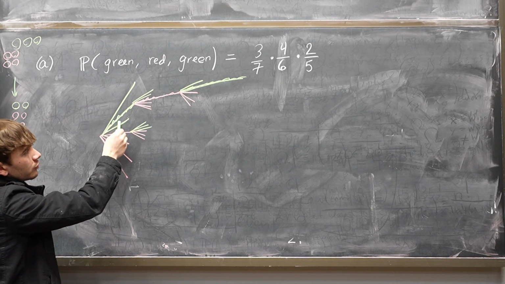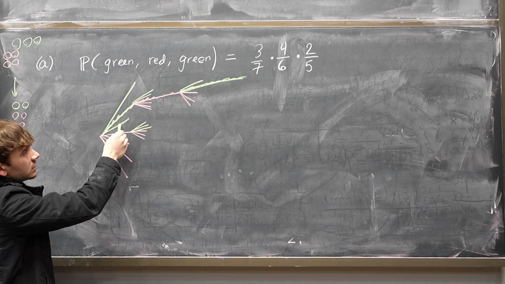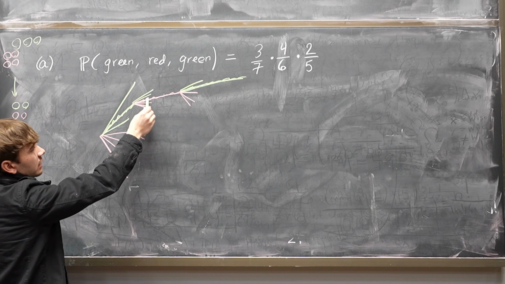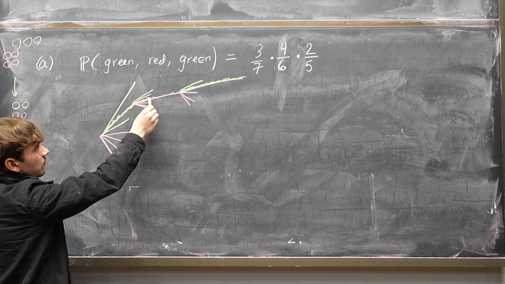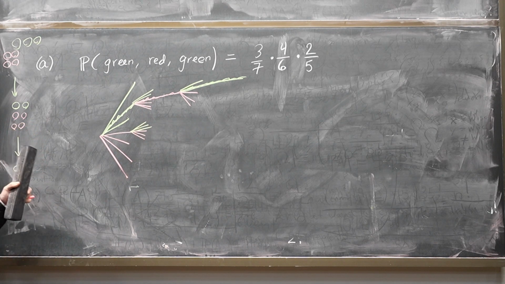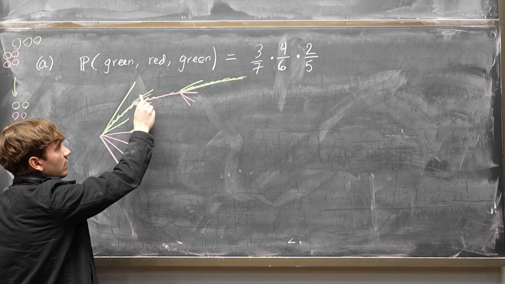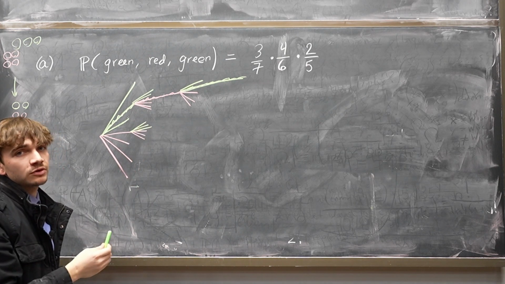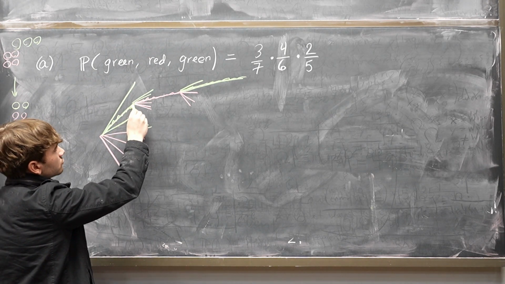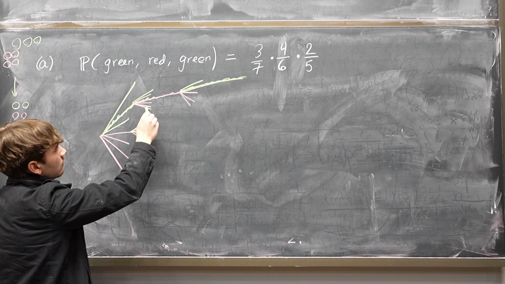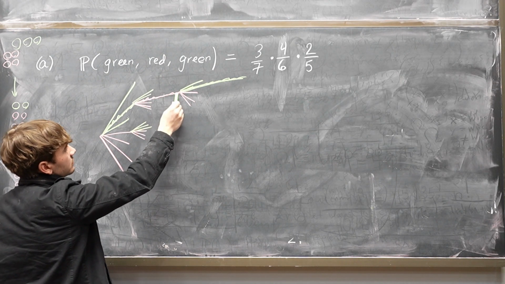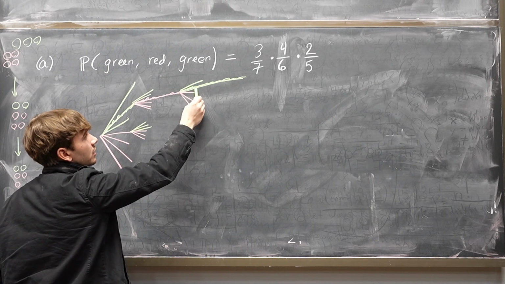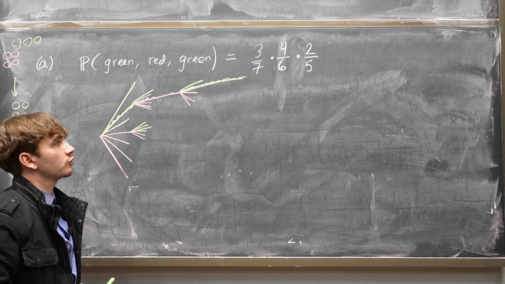So I look at these 3 branches at the start, and then each of these 3 branches branches off into 4 admissible branches. Obviously they're branching off into 6 total, but only 4 of those are red, which is what I care about. So each of these 3 branches branches off into 4 red branches, and then each of these red branches branches off into 5 new branches, and I only care about the 2 which are green.